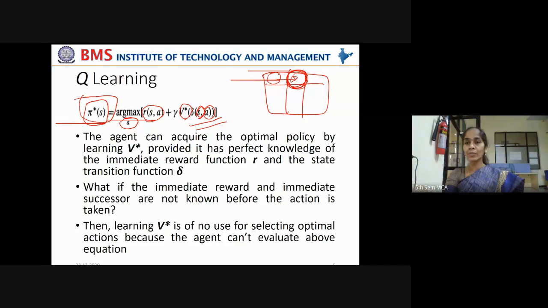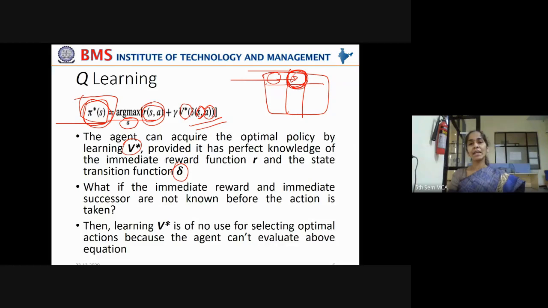Adding both of them, and maximizing that, will give you the optimal control policy. Got it? So the agent can acquire the optimal policy by learning V star, provided it has perfect knowledge of immediate reward R and the state transition delta.